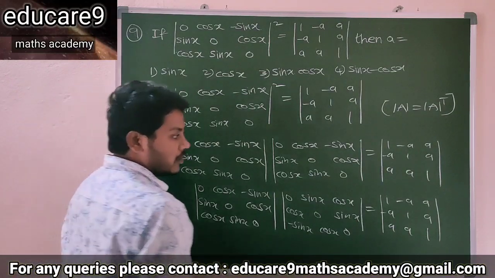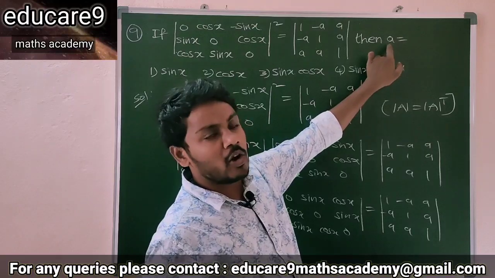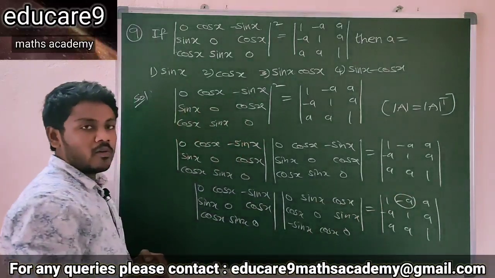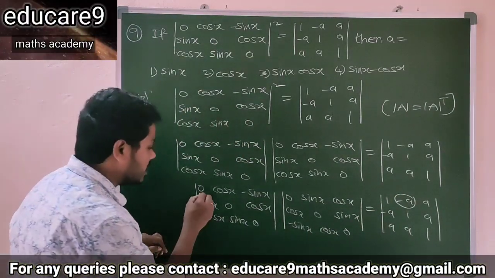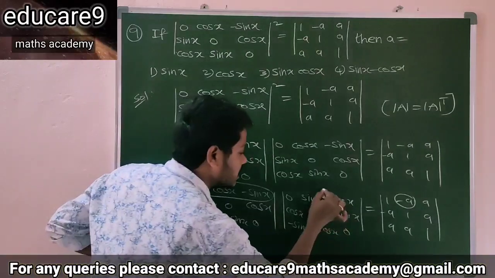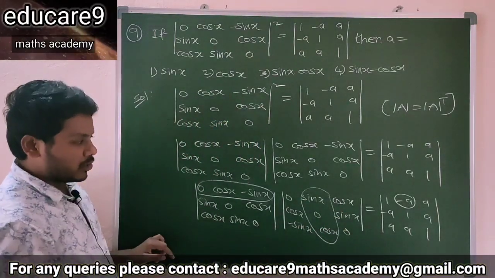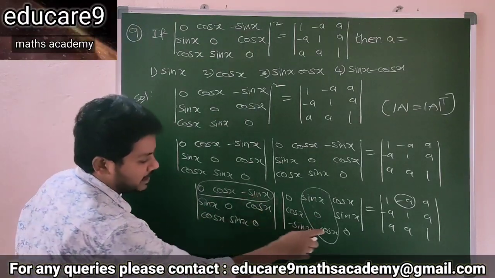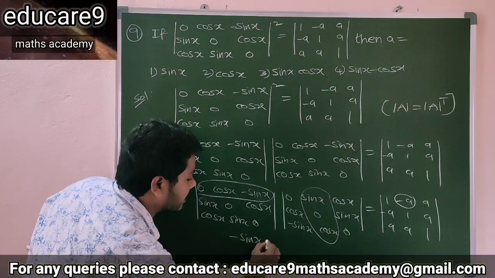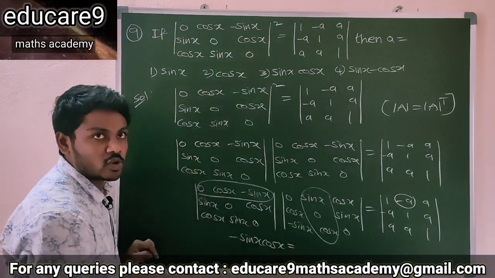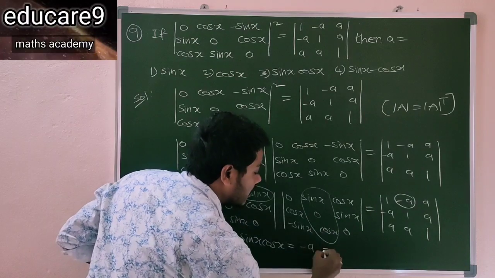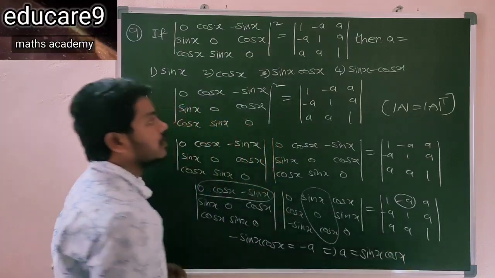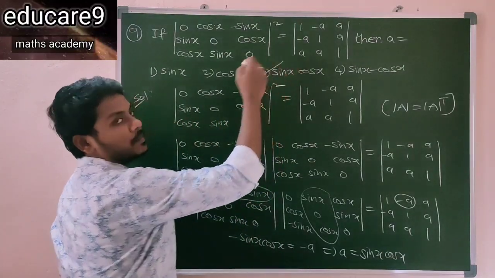Here you need to find the value of a. So take the first row, second element, that is multiplying the first row with the second column. What you get? 0 into sin x is 0, cos x into 0 is 0, next minus sin x into cos x, so minus sin x cos x. So what is the first row second element? Minus a. Therefore a is equal to sin x cos x. So clearly option 3.